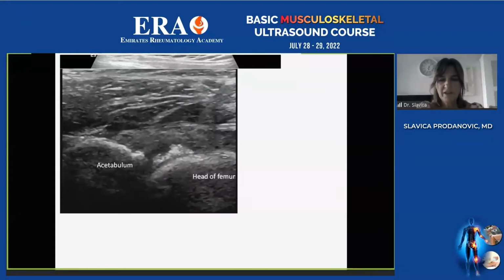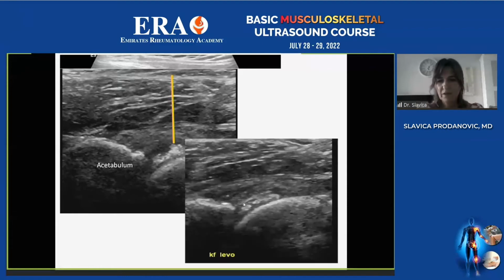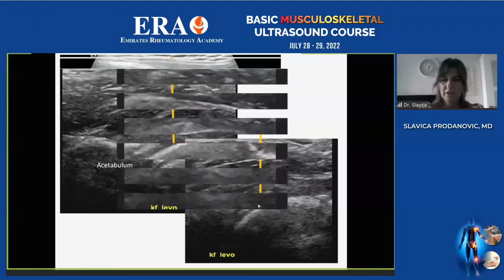This ultrasound image is very interesting, and I would like you to be patient to find very interesting things. As you may notice, at first we have a very big calcification between the acetabulum and the head of the femur. And you may notice this parallel hyperechoic thin line together with this calcification.